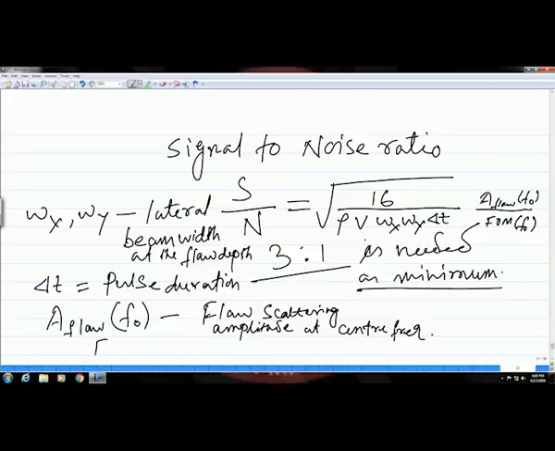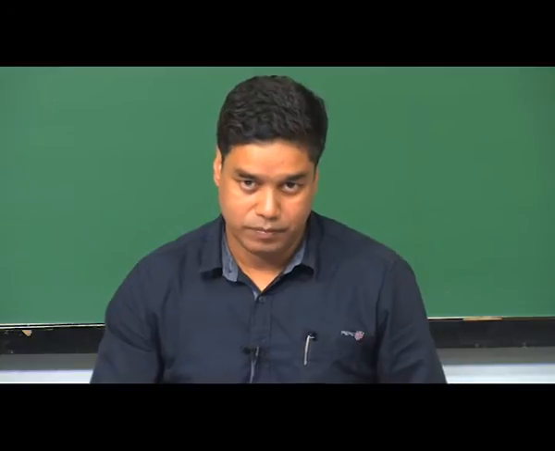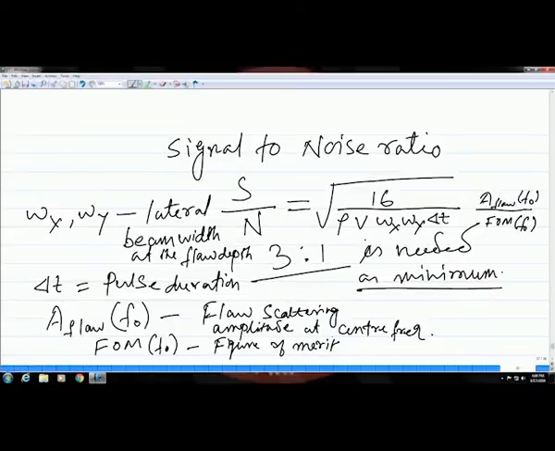and FOM is nothing but this is called figure of merit, which compares a parameter with respect to another parameter and compare them. Okay. So, this FOM in this case is the figure of merit for the noise at the center frequency.